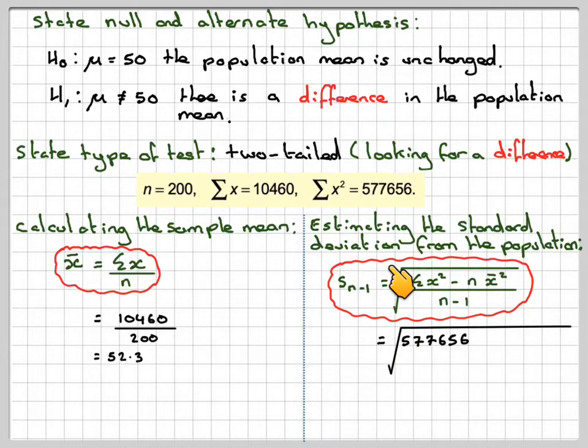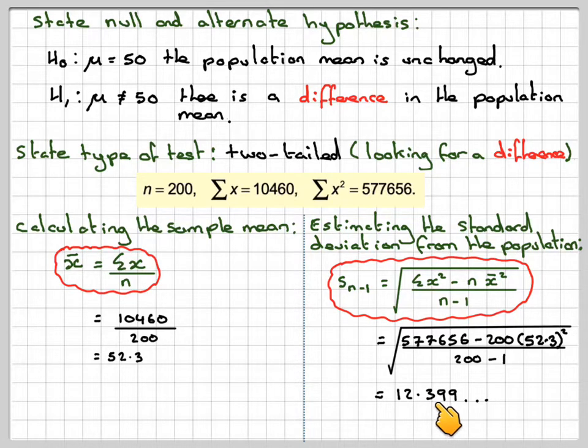So it's going to be, from this data, 577,656 minus 200 times the sample mean, which we just calculated to be 52.3, squared, divided by 200 minus 1, and that gives me 12.399, which we will just make 12.4 to 3 significant figures to keep things nice and easy.